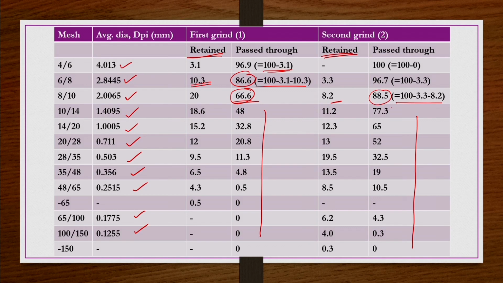Like that, 100 minus 3.3 minus 8.2 minus 11.2 gives 77.3% of material passing through.